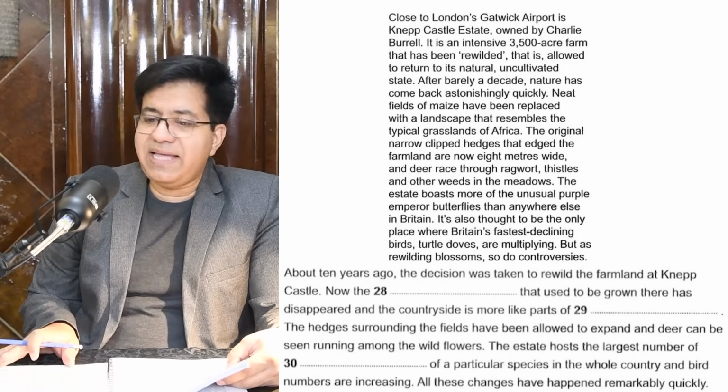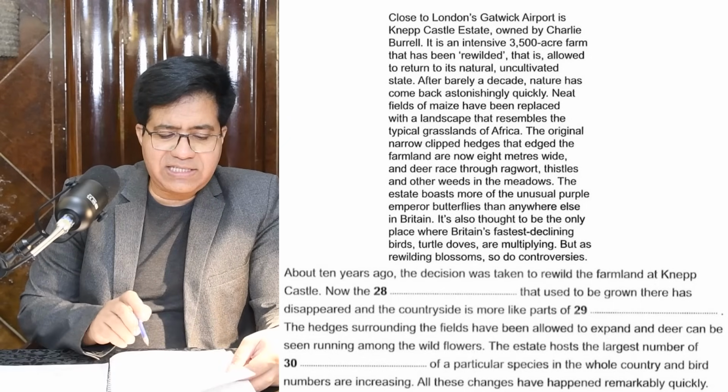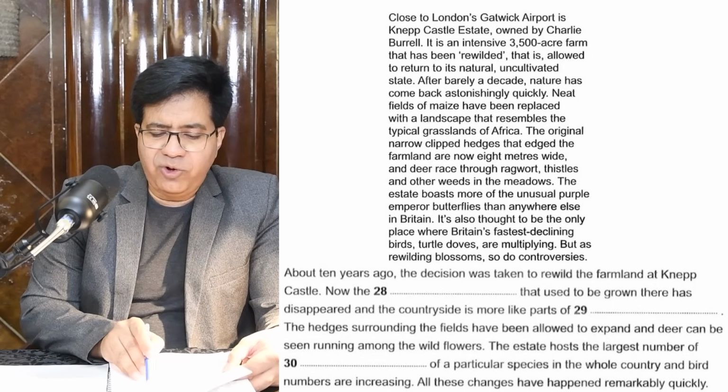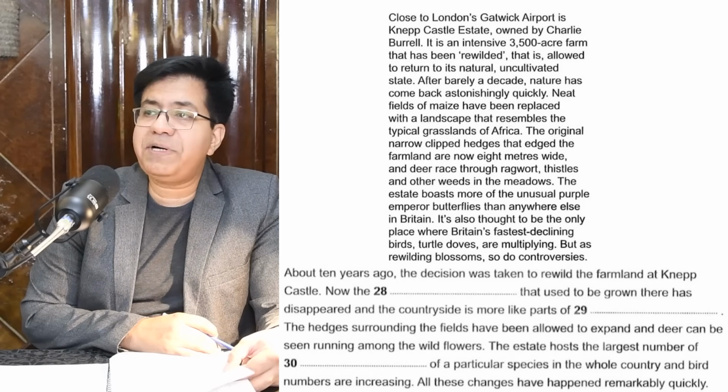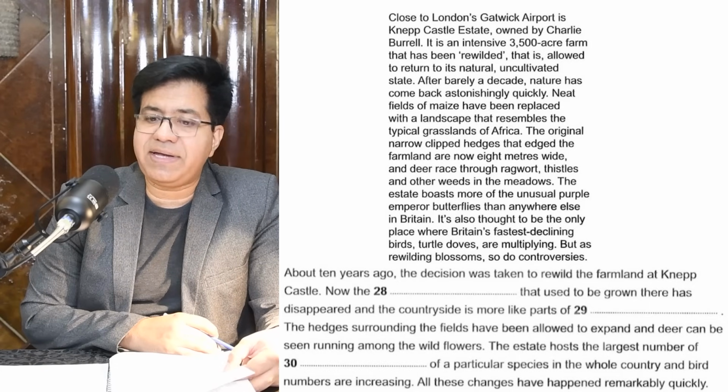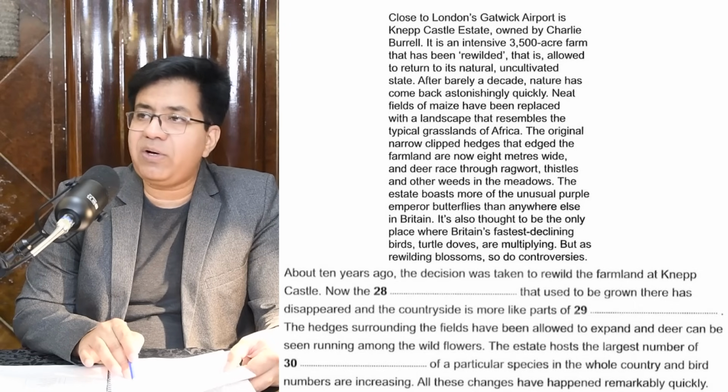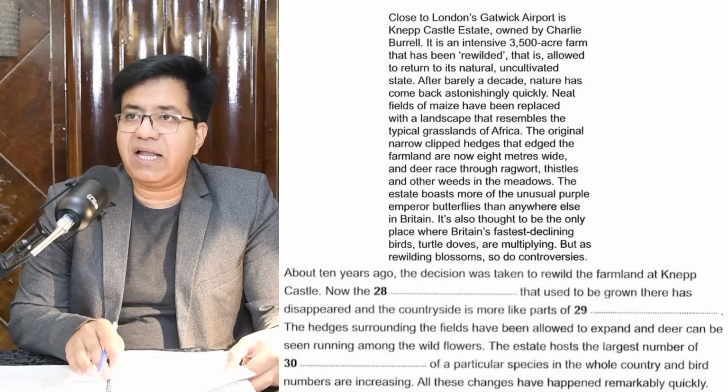More butterflies than anywhere else in Britain. What does it mean? The estate hosts the largest number of butterflies. Correct answer is butterflies. Now see that in one paragraph, 3 correct answers. 3 correct answers means 1 band more. Okay, now we go on. Questions 37 to 40.